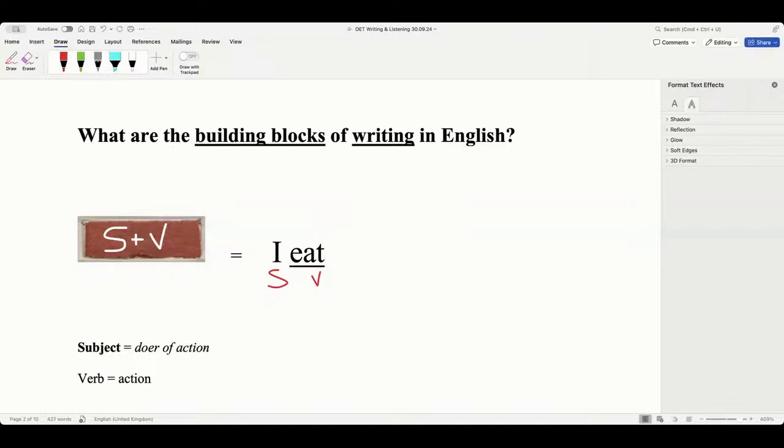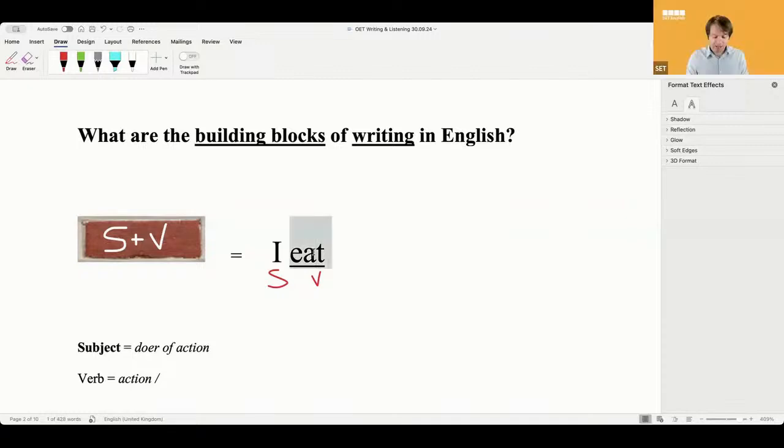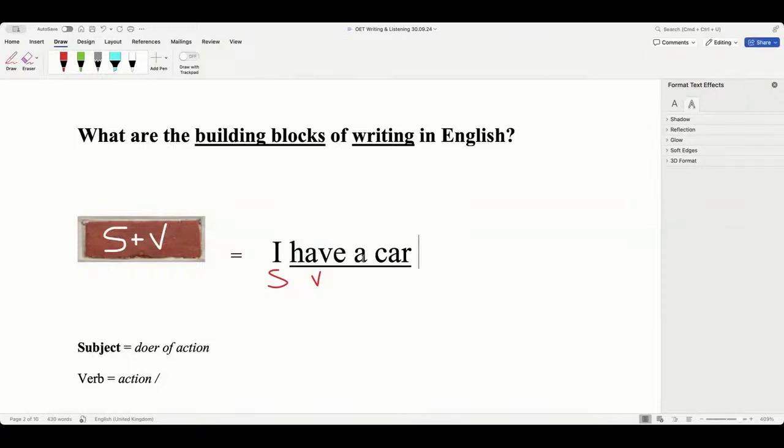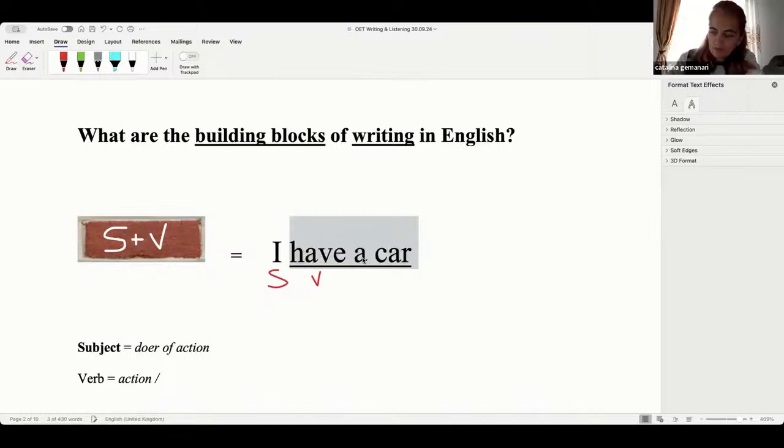Yes. All right. Now, actually, verb is not only an action. There's one more thing that a verb is. Put your hand up if you can tell me. Like if I say I have a car, is this an action? Not really. Mohadissa, go on. The verb also shows the state. Yeah, and what is a state? When you say state, what do you mean?